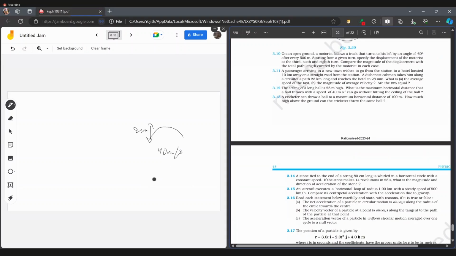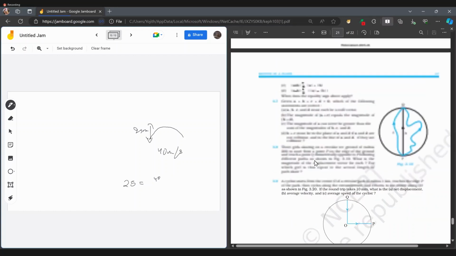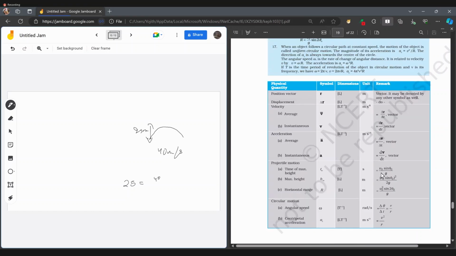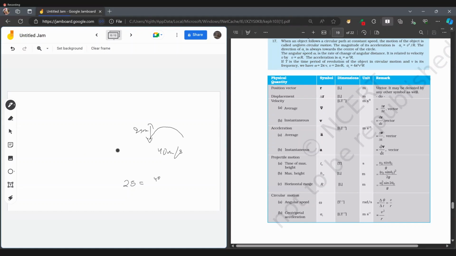We know that velocity of the ball is given as 40 meters per second. Let us ఒకసారి మీకు ఫార్ములా చూపిస్తాను నేను. ఇక్కడ హారిజాంటల్ రేంజ్ ఫార్ములా ఉంది, మాక్సిమం హైట్ ఫార్ములా. ఫస్ట్ ఏమో మాక్సిమం హైట్ ఫార్ములా వాడదాం, సో దట్ విల్ గెట్ ద theta.